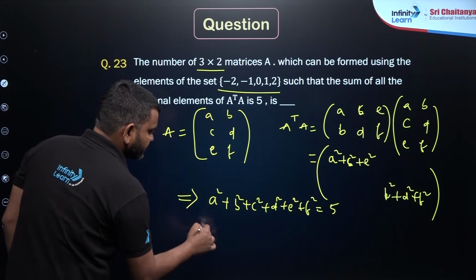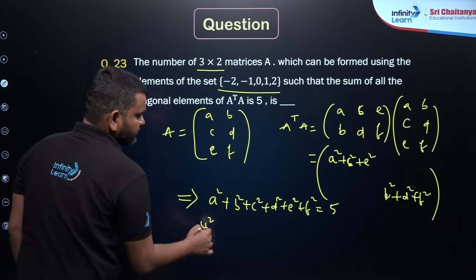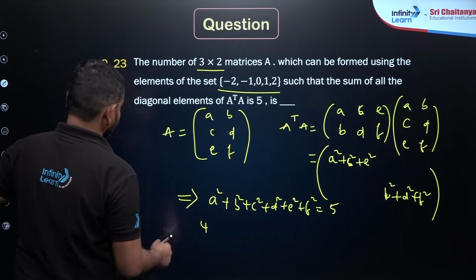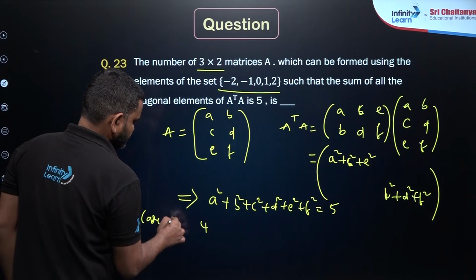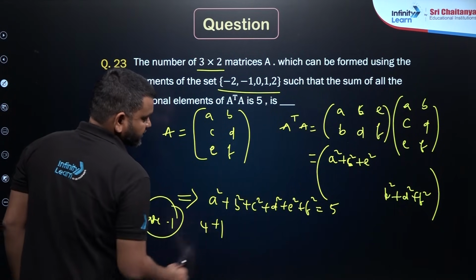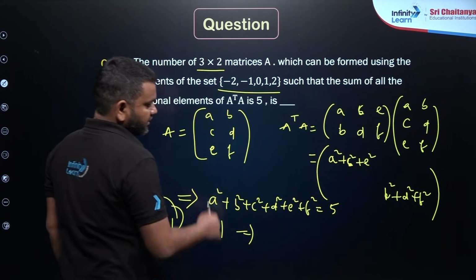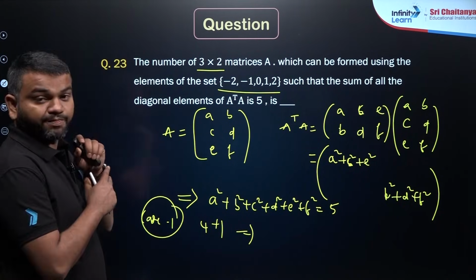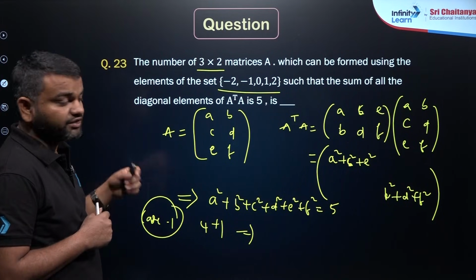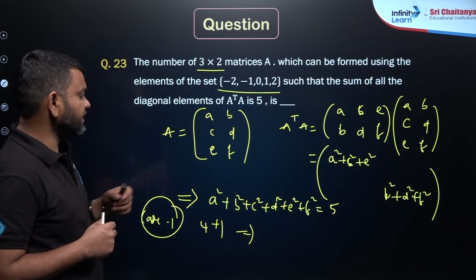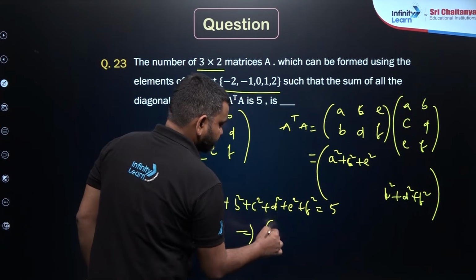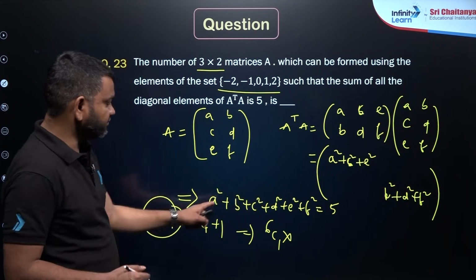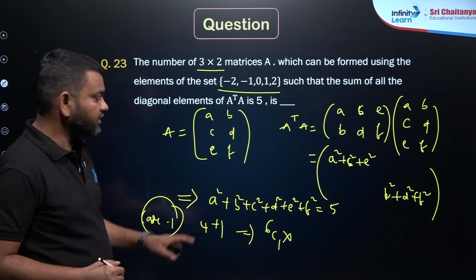So if I am writing 4 plus 1, if my case 1 is 4 plus 1, which means any one of these numbers needs to be 2 there. So to get that, out of these 6 digits, 1 needs to be that, and of the remaining 5 digits, 1 needs to be equal to 1.